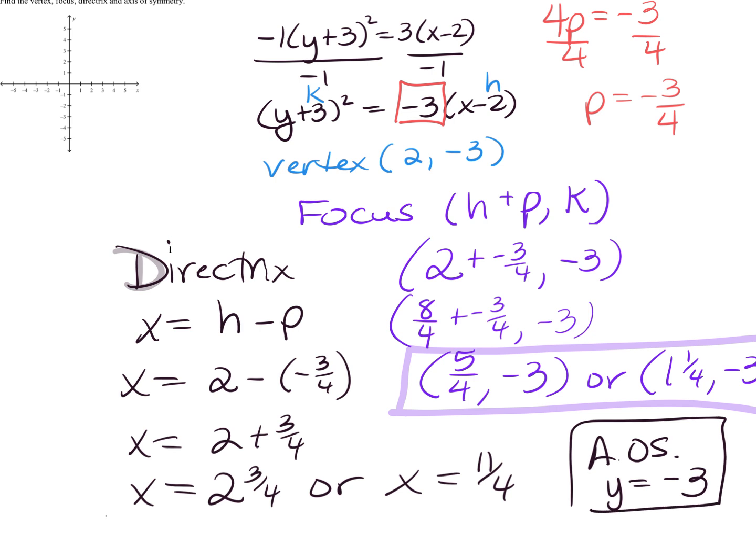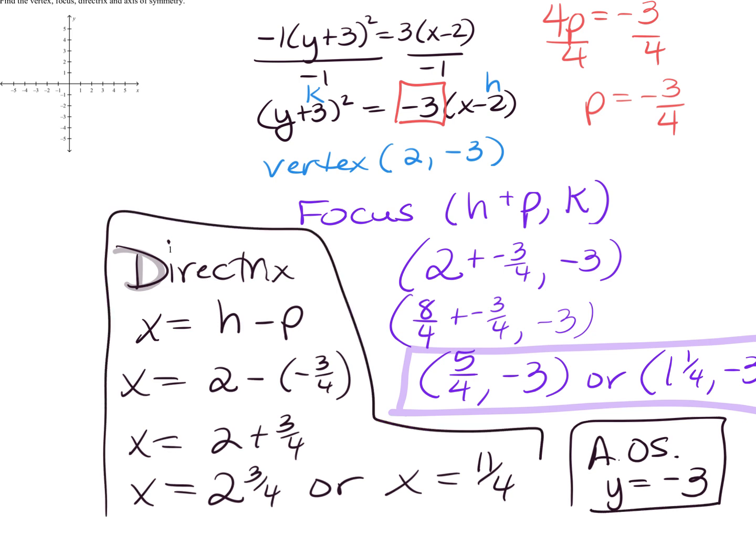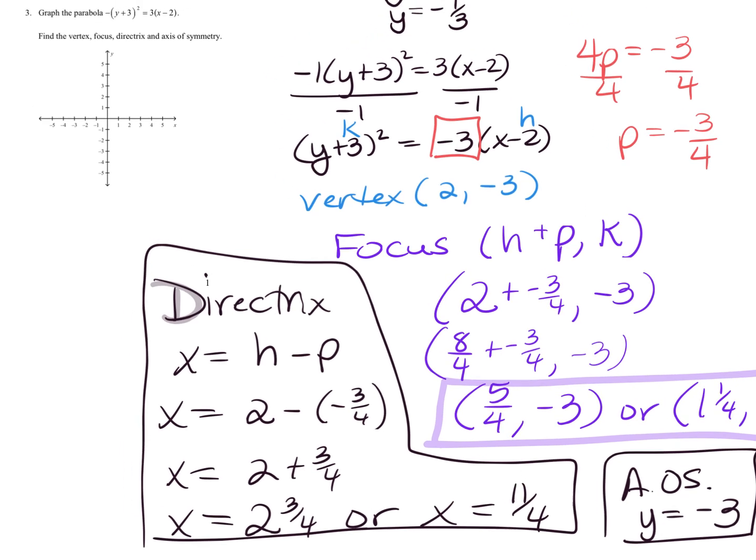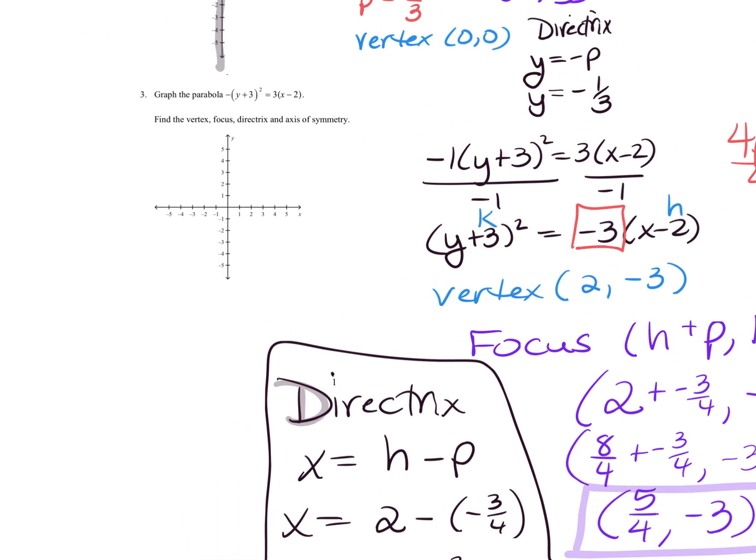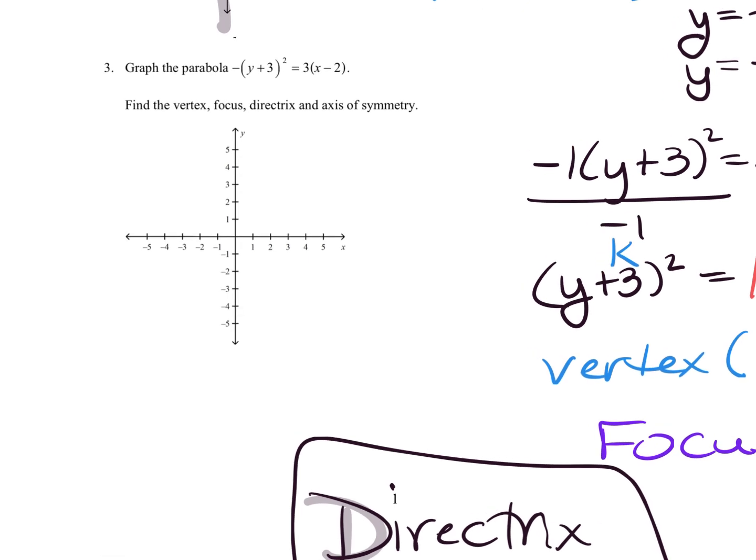So let's go ahead and put all of this on the graph. Graph my vertex first. So my vertex was positive 2, negative 3. My axis of symmetry, remember, is this imaginary line that's going to go through that vertex. It's a y squared, so I know it's going to be the c or the backwards c.